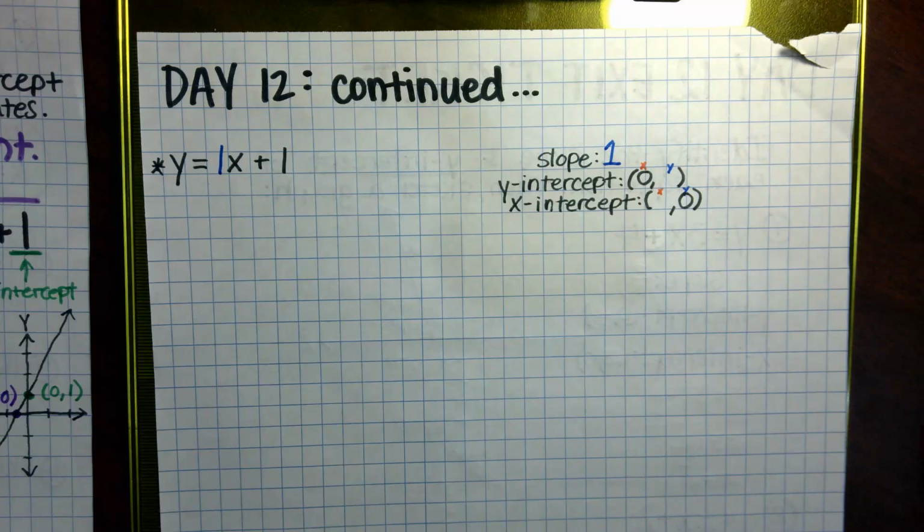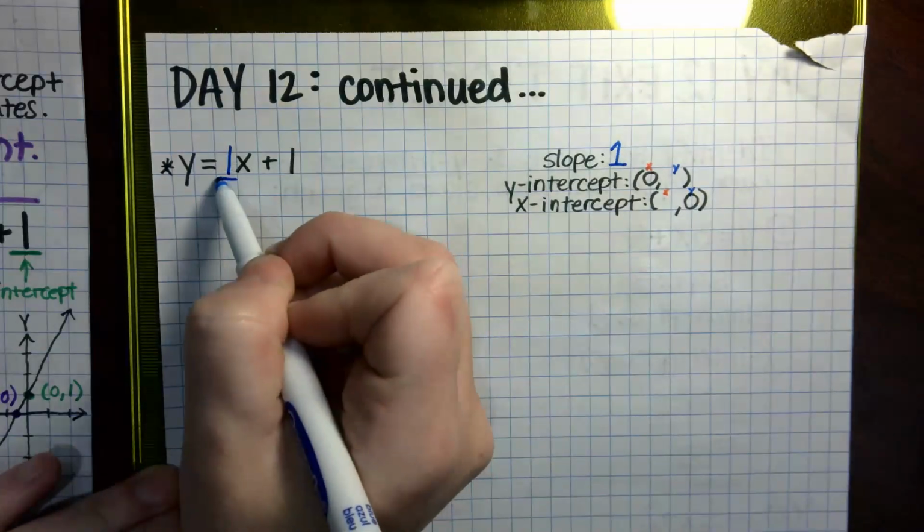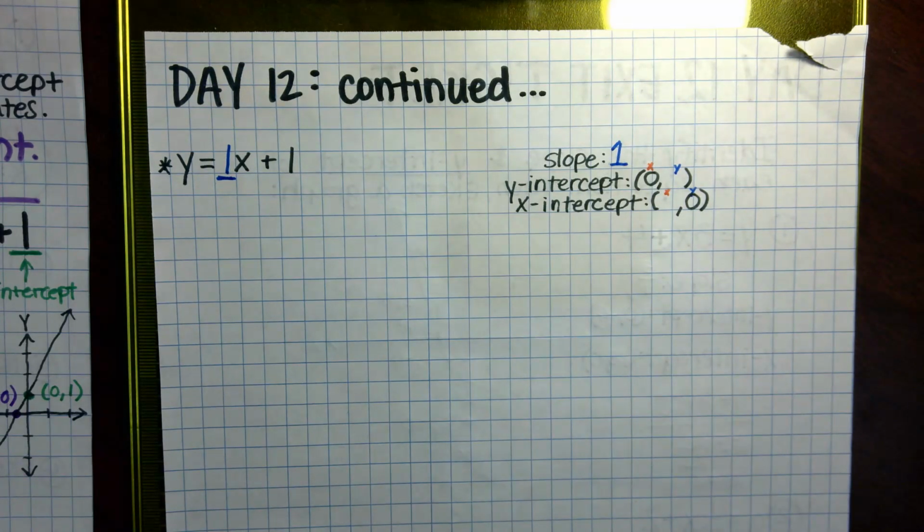Okay. Now let's look at our y-intercept. What is our y-intercept? What can we do to identify it without even setting up an equation and solving for anything? Yeah, it is 1. How'd you know it was 1?